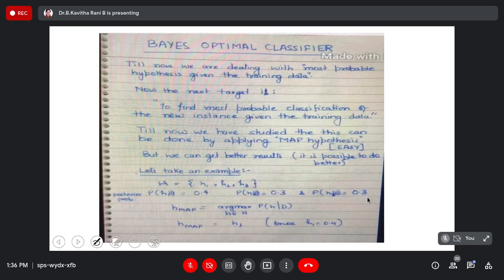Now the next target is to find the most probable classification of the new instance given the training data. When we use the MAP concept, we may not get the correct output. We may get incorrect output.